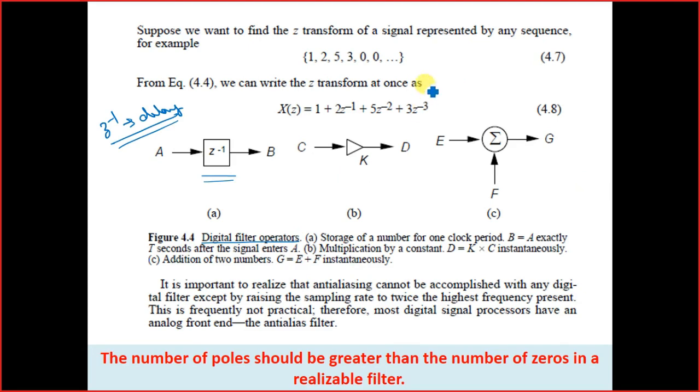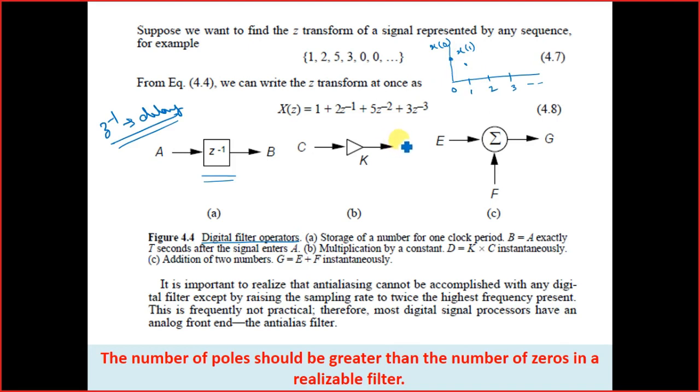In our previous classes we have discussed, suppose you are having a value at 0, say this is x0, and we have another value at time index 1, x of 1.